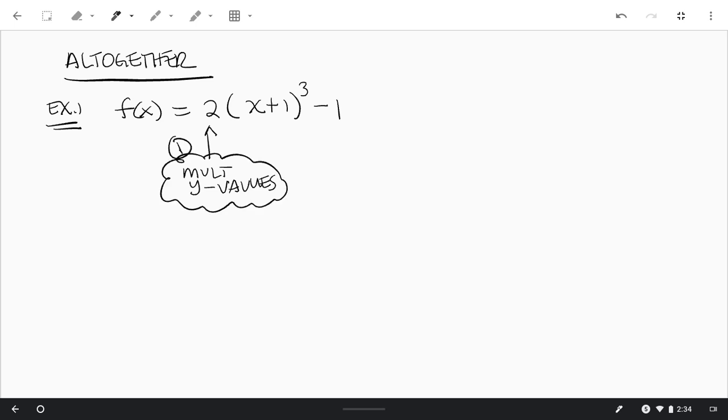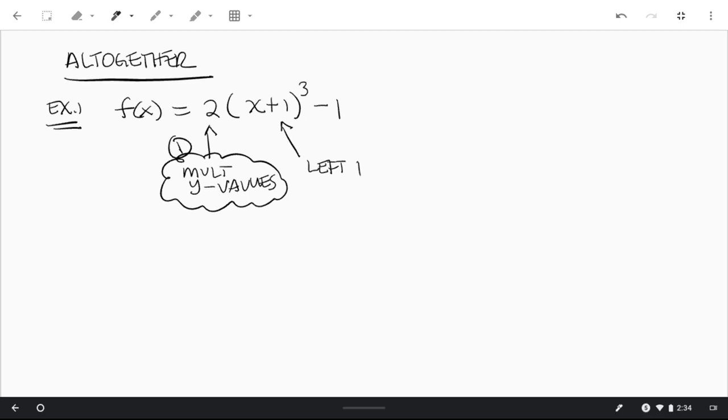Okay, and then the other two, the shifting up, down, left, right, you can do those together in one step. Okay, this here, it's plus 1, it's on the inside, so remember that's the one where you go in the opposite direction. So this is going to be to the left 1. And this here, subtract 1, it's on the outside, so this one is going to be down 1.